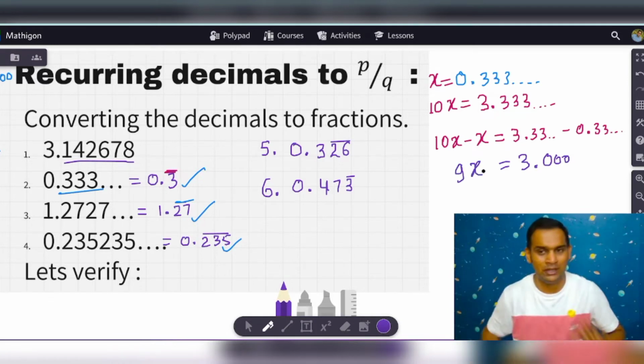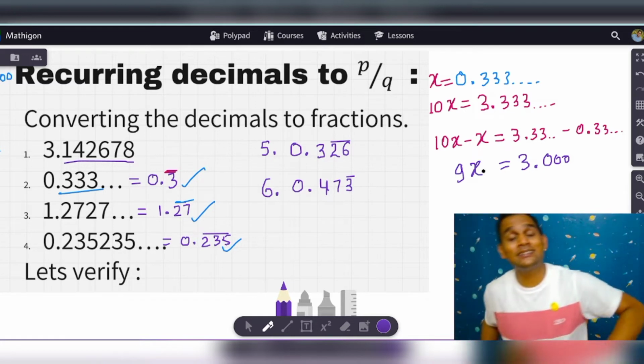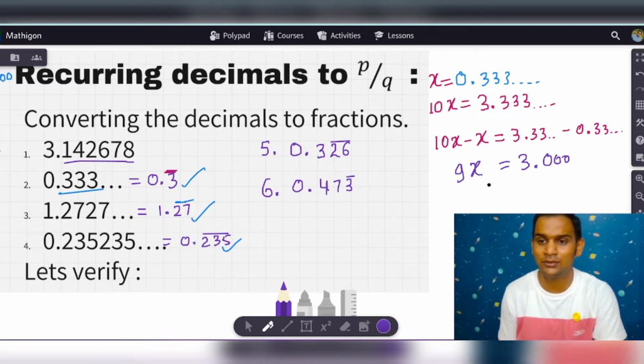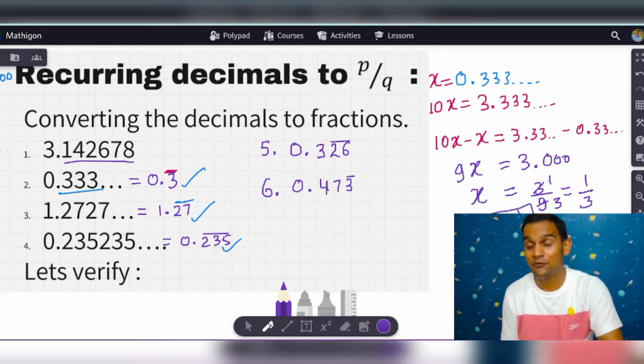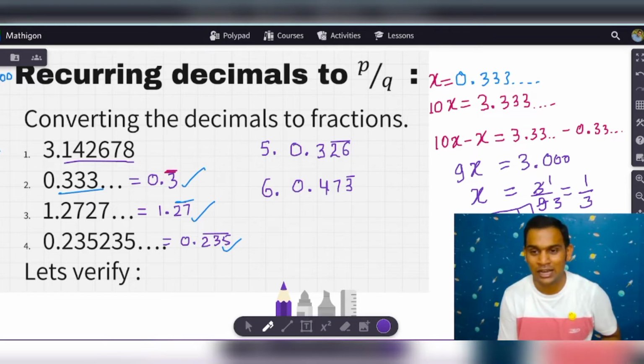So 10x minus x is 9x. I hope you are very clear with that. Now 9 is in multiplication with x. When it goes to the other side, it becomes x equals 3 by 9. Once again, we simplify 3 times 1 and 3 times 3, so we get 1 by 3. So x equals 1 by 3 is our fraction form.